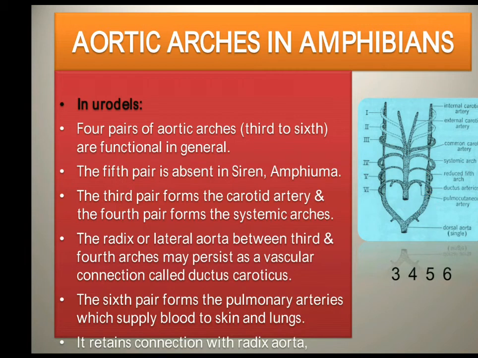In the coming animals, you will be seeing that this ductus caroticus, the point in between third and fourth arch, will be lost, and the whole of the blood which is going into the third arch is only going to the head part. It cannot come back into the dorsal aorta towards the body side.